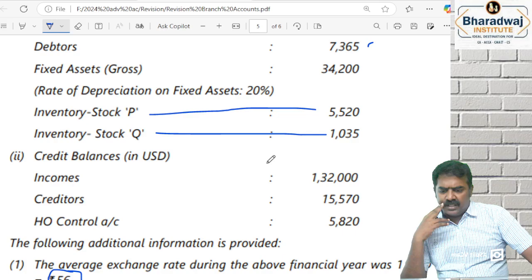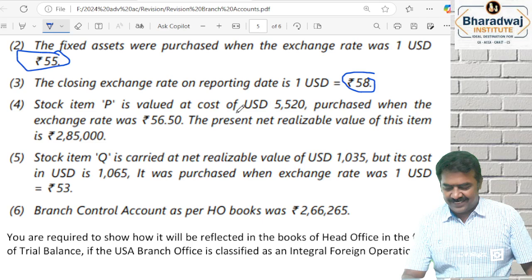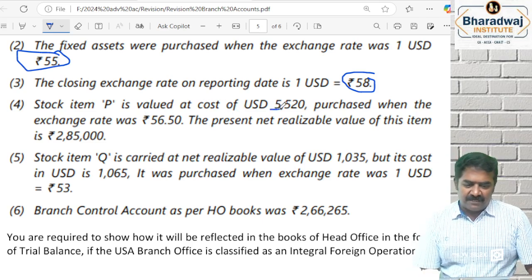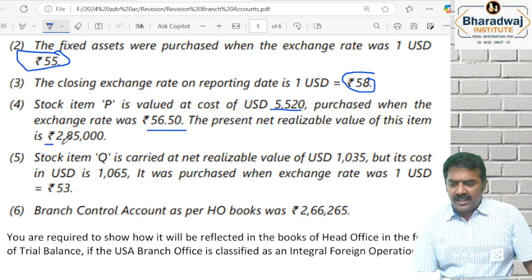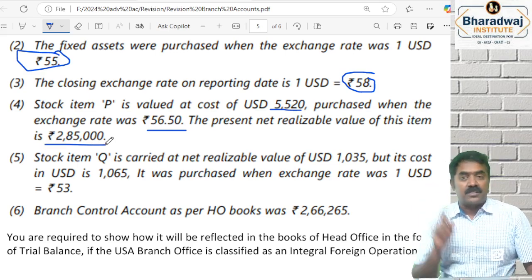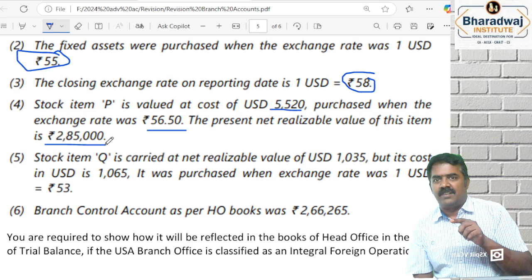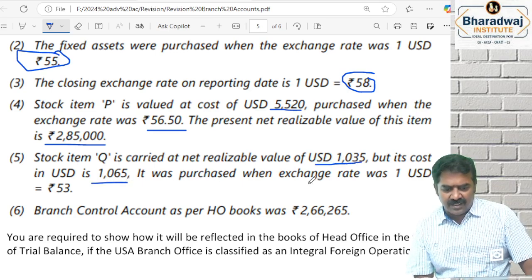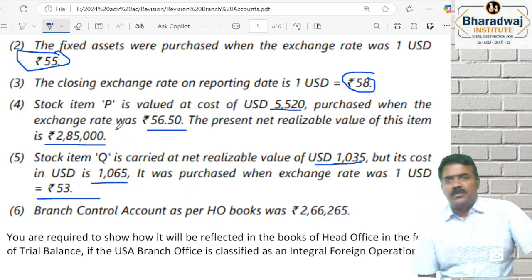Then we are given stock, inventory, closing stock. We'll convert using the closing rate, but sometimes we need to value it. The stock cost is 5520, purchased when the exchange rate was 55, and net realizable value is given. Please remember, closing stock should be valued at AS 2 cost or net realizable value, whichever is less. Similarly, for Q also net realizable value is given, cost is 1065 when the exchange rate was 53. So both inventories we have to value before we start the trial balance.